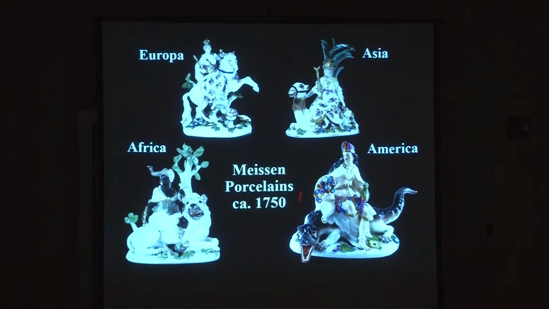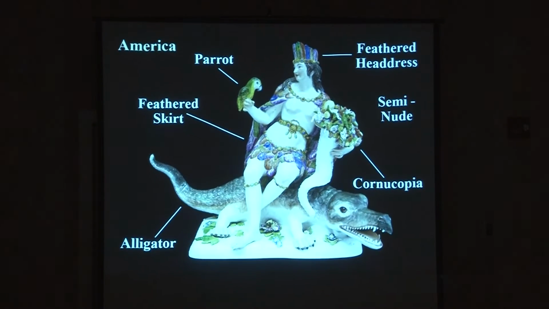This, of course, is one of the America figures here, and we'll zoom in on another one and look at some of its components. Now we see the cornucopia. Here's our alligator. She's got a feathered skirt. There's our parrot, feathered headdress, and of course she's semi-nude, unlike the other races and other continents, Asia, Africa, and Europe, who are usually depicted fully clothed, all right?